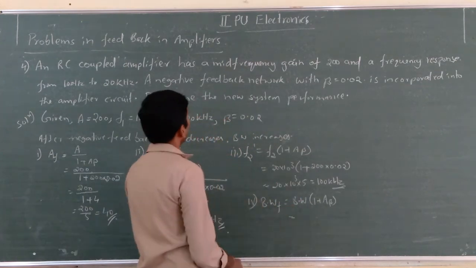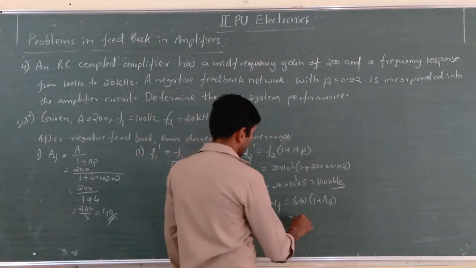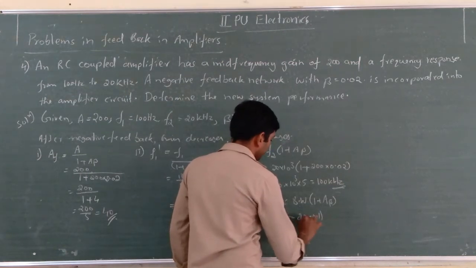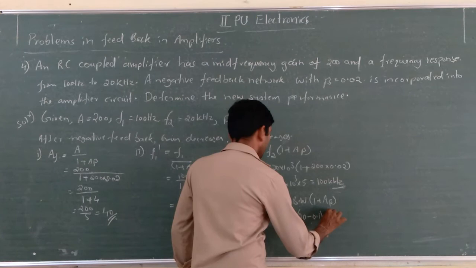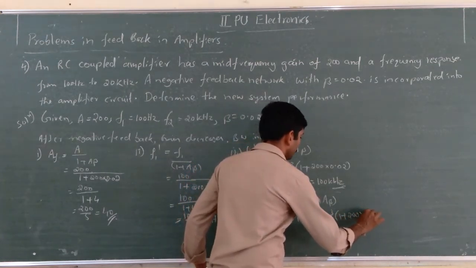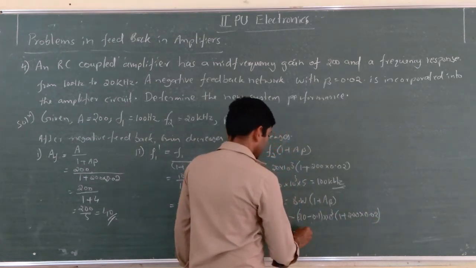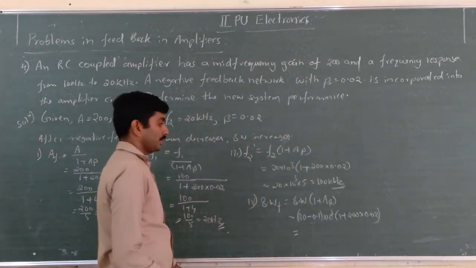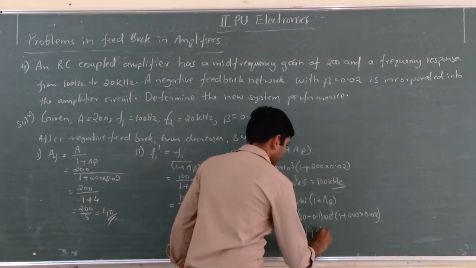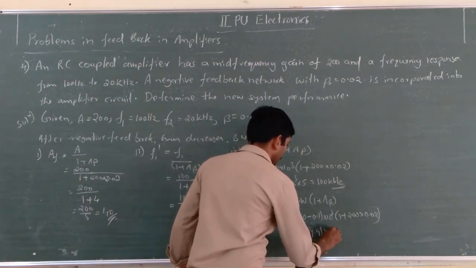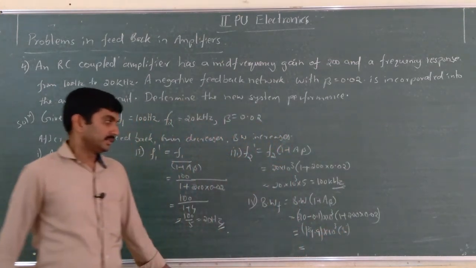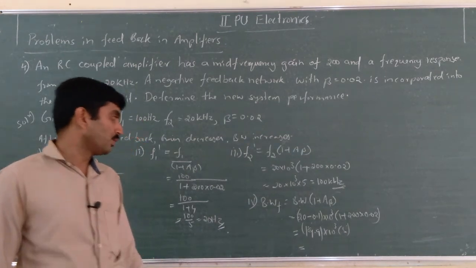Now, without feedback bandwidth is 20 minus 0.1 kilohertz into 1 plus 200 into 0.02. Okay, 20 minus 0.1 is 19.9 into 10 to the power 3 into 5, that is approximately equal to 100 kilohertz.